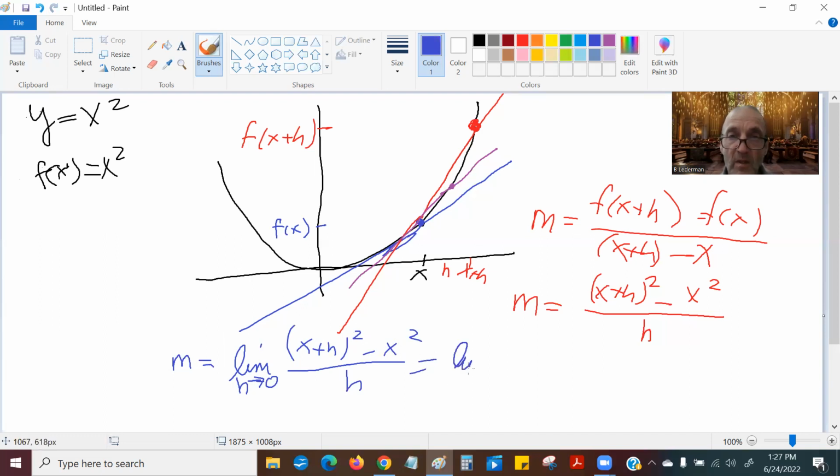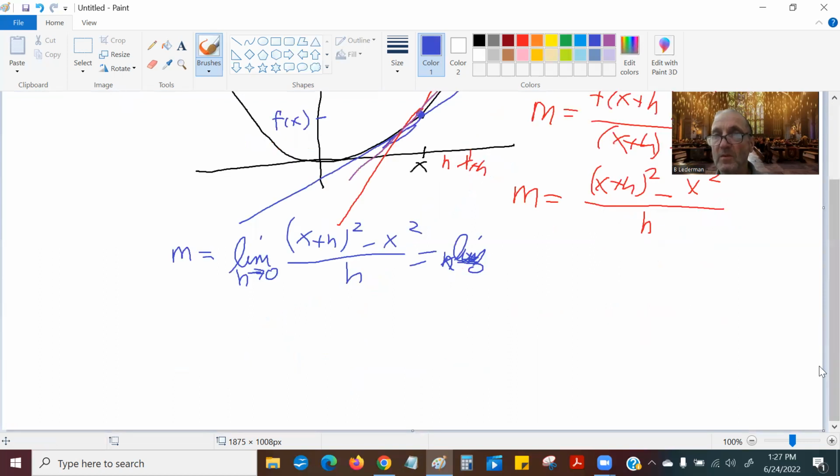This is equal to the limit as h goes to 0 of x squared plus 2xh plus h squared minus x squared over h.